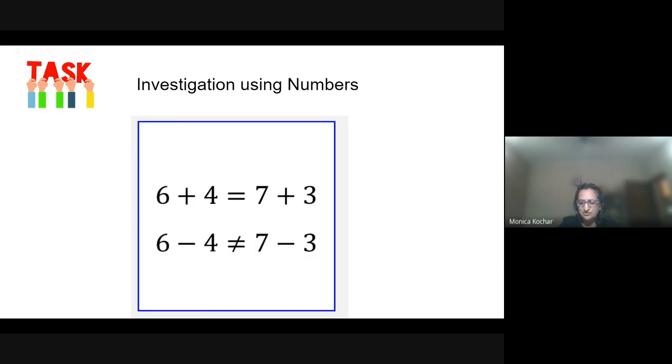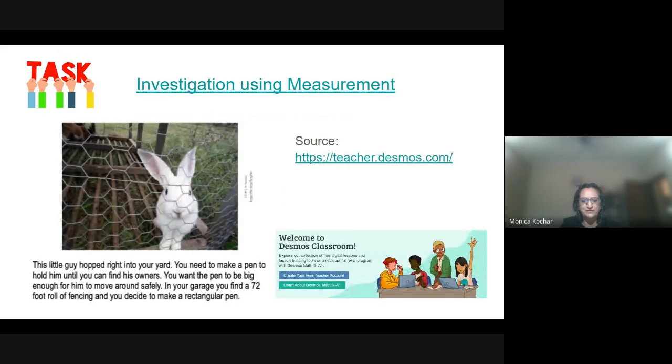So, investigation using numbers. Now, investigation using measurement. The link is here, which you can have a look at. It's on Desmos, where this is a very typical problem in measurement: I have a 72-foot roll of fencing and I need to make a rectangular pen for the rabbit.